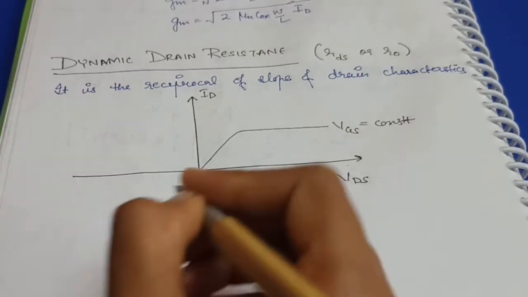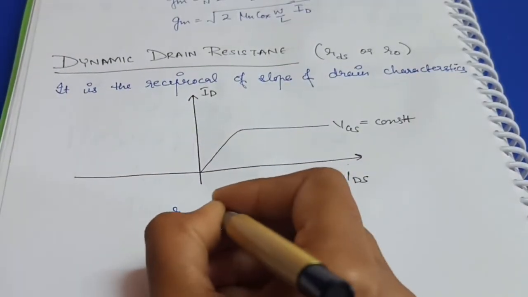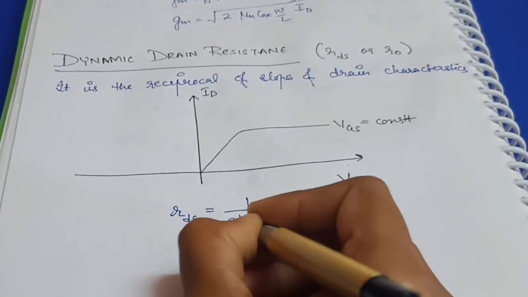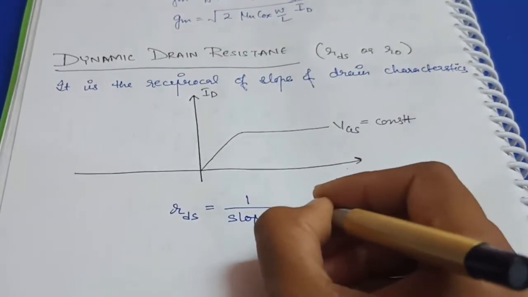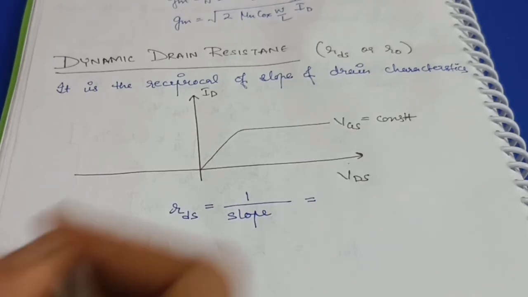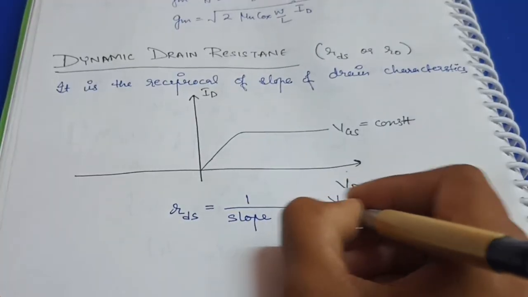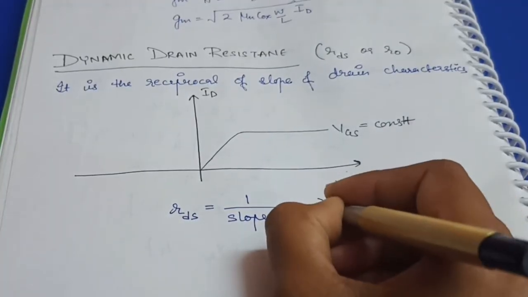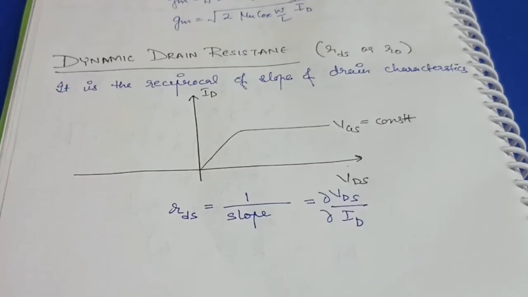So dynamic drain resistance, that is rds, is the reciprocal of slope. And we know that the slope is given by dID by dVDS. So it will be dVDS by dID.